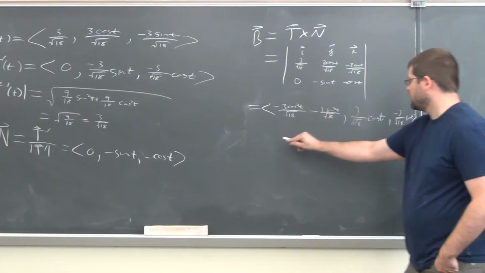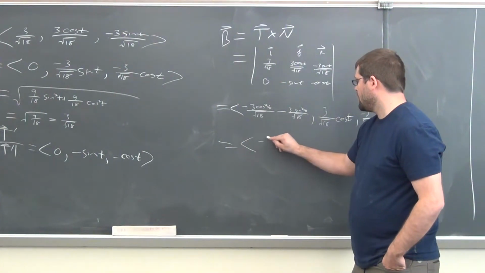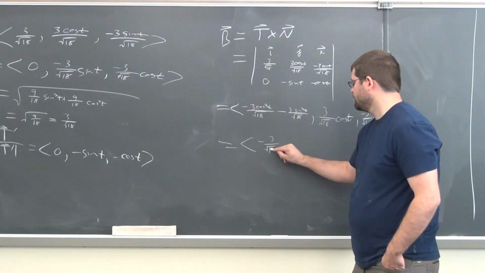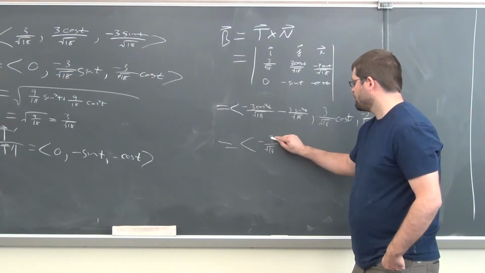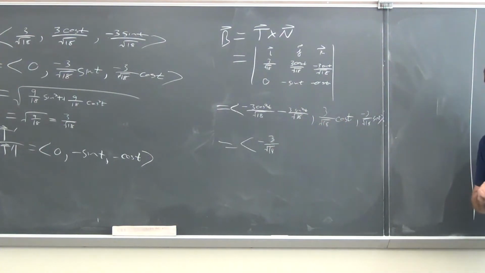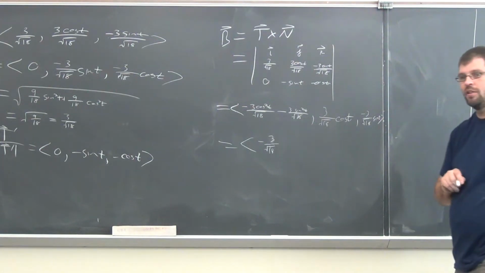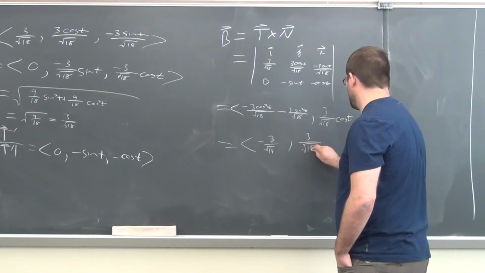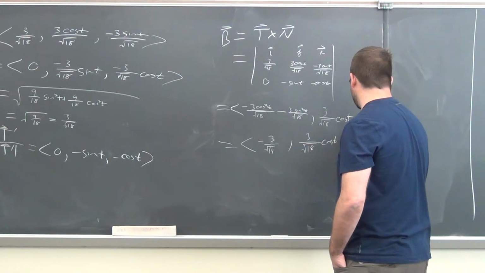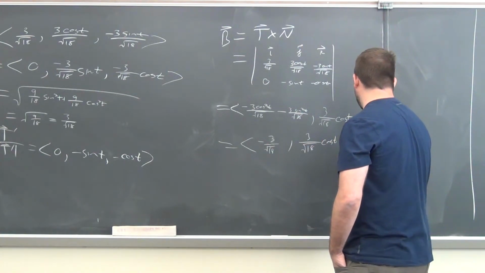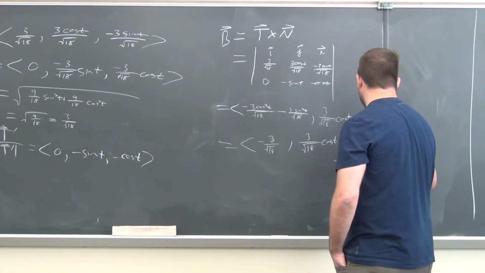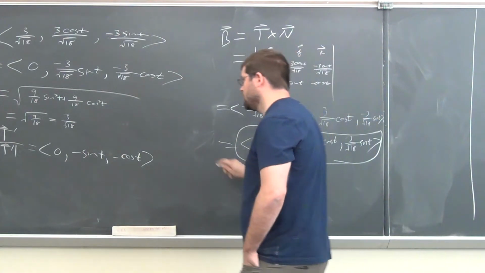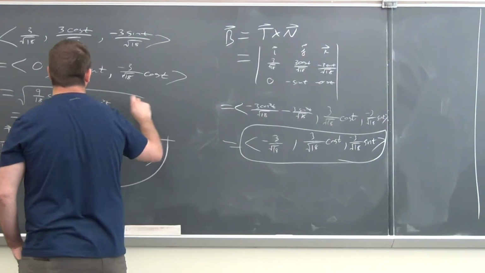And so this first one cleans up to be just negative 3 over the square root of 18. Okay? And again, you can clean that up. It's really 1 over square root of 2, right? But I'll just leave them like that. Okay. So there's B, there's N, and there was T.